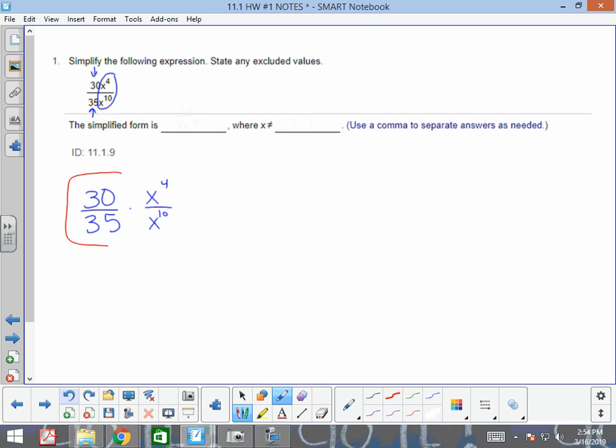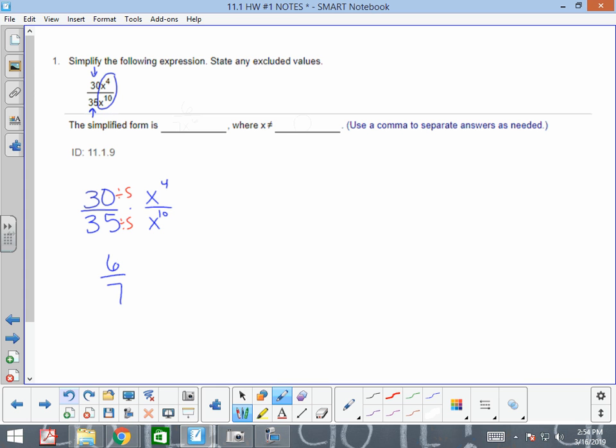So 30 over 35. To simplify that, we divide both the numerator and the denominator by the greatest common factor, which would be 5. So that we get 6 over 7. Now for our variables, we have x to the 4th over x to the 10th. There are several different ways we can look at this.